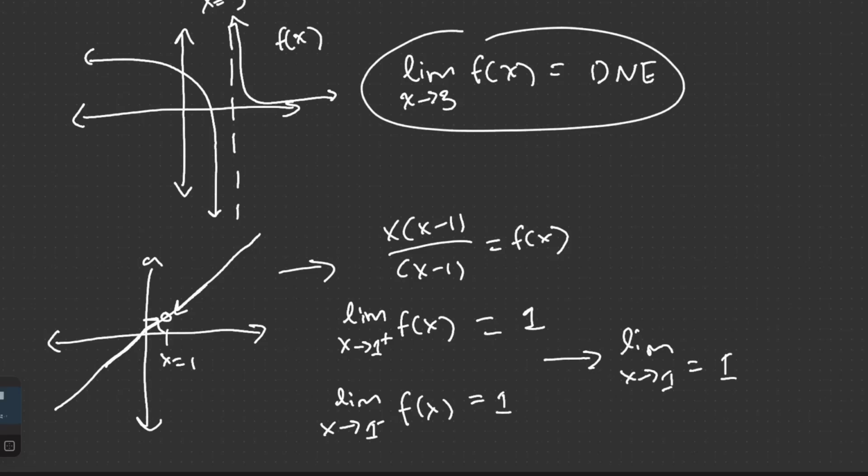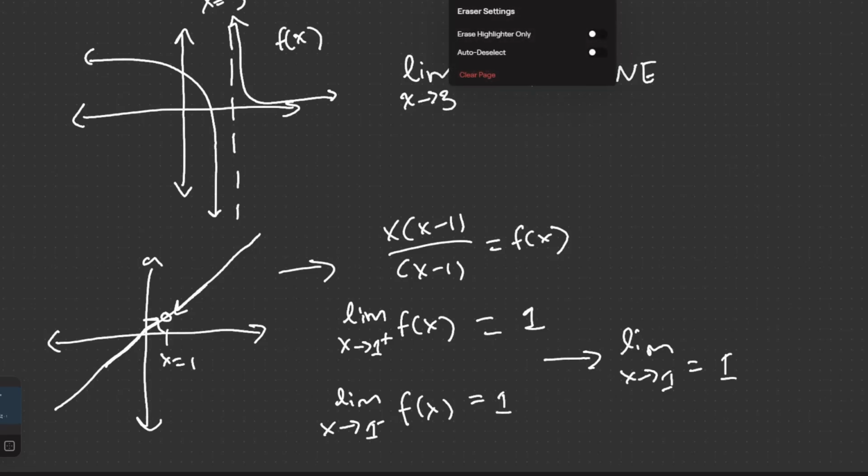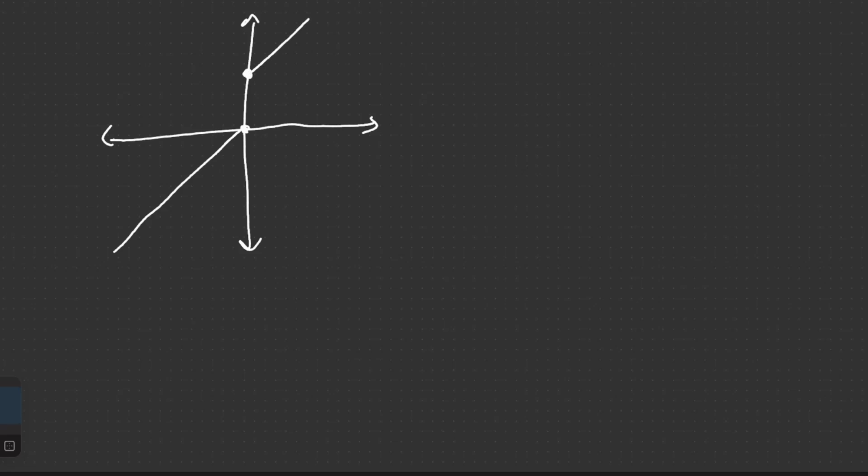Well, let's use a different function. Let's say you have some piecewise function like this. Let's say you have a function that's defined until 0, then another function that's defined here. This is some piecewise function.